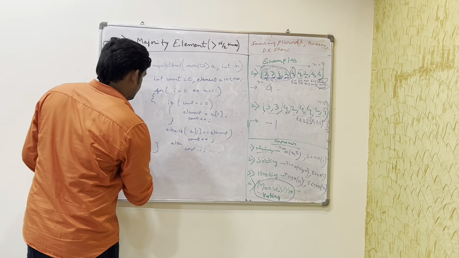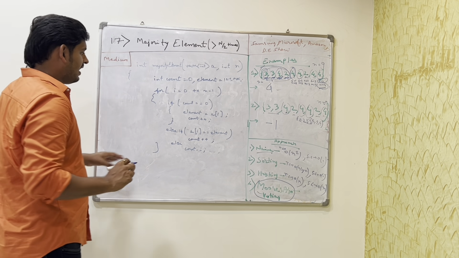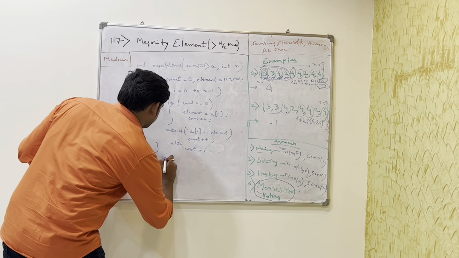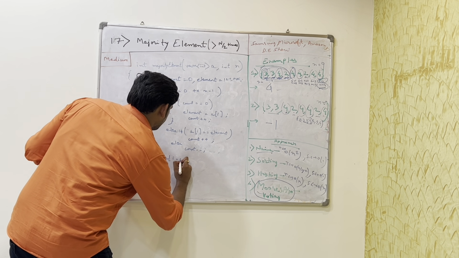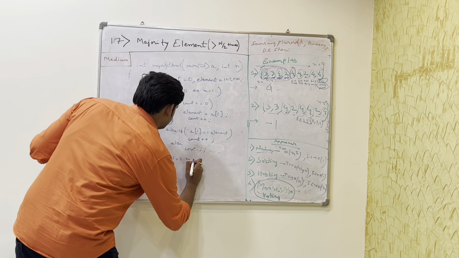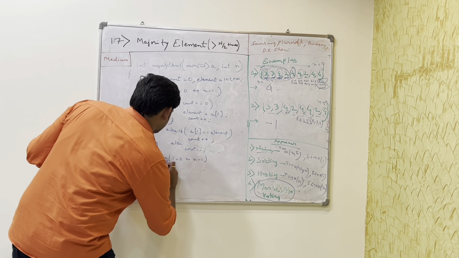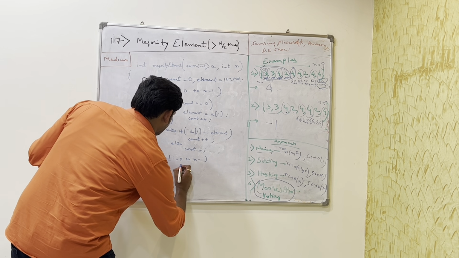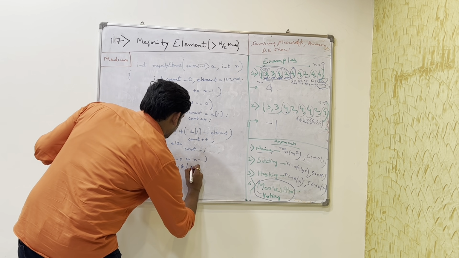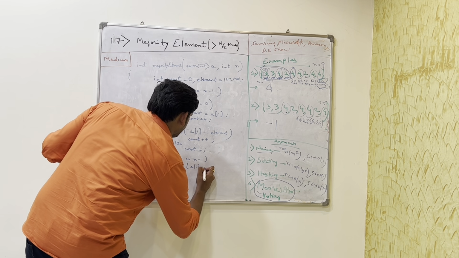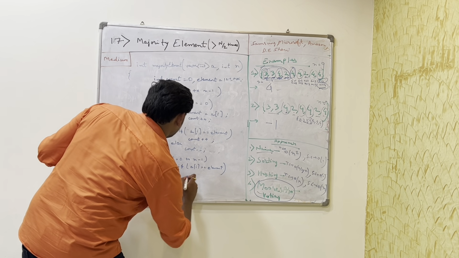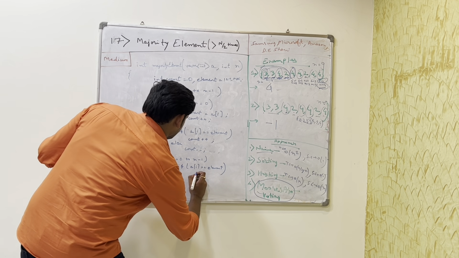And whatever element's value is there, we will traverse the array again for i equal to 0 to n minus 1. If A[i] is equal to the element, we will do count plus plus.